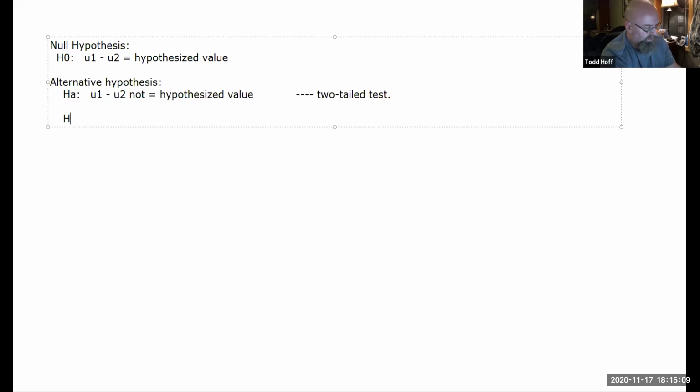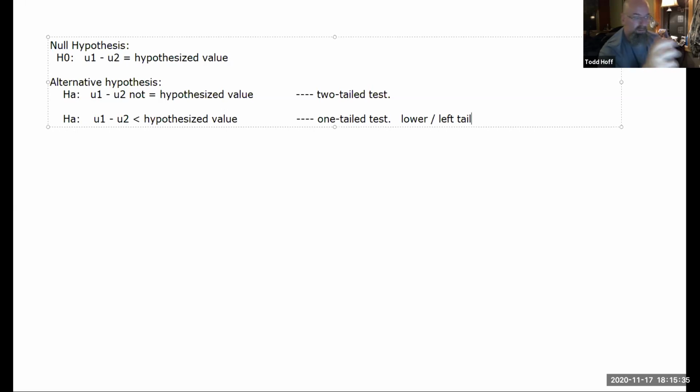We could have an alternative hypothesis that mu1 minus mu2 is less than that hypothesized value. And of course, this is a one-tailed test. It is a lower or left tail test.